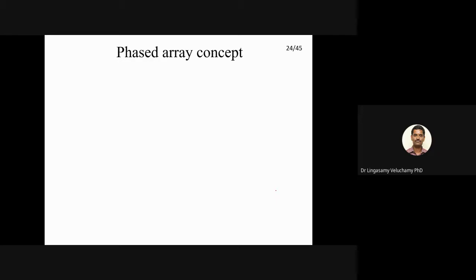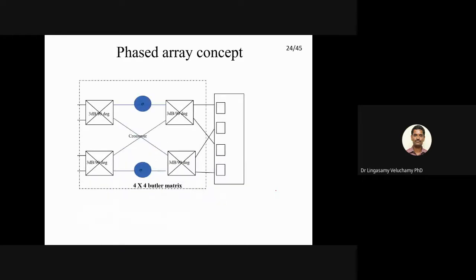How it happens, we'll see through a short animation. For example, this is a Butler matrix design in order to achieve 4 beams.